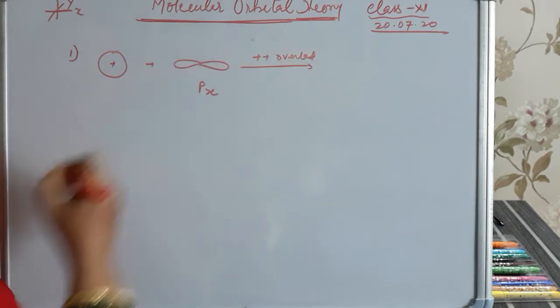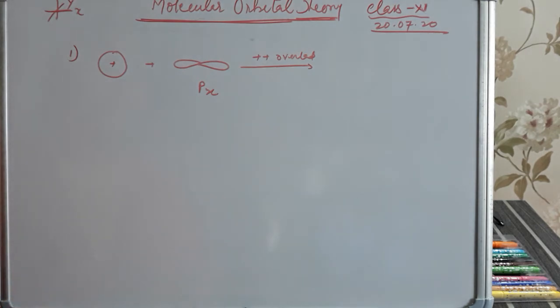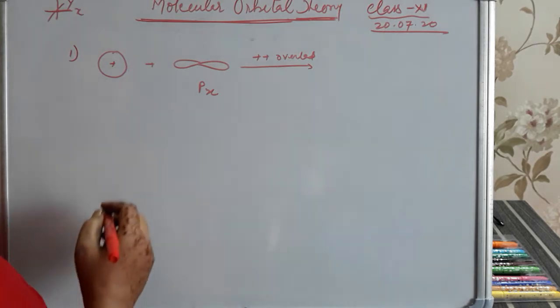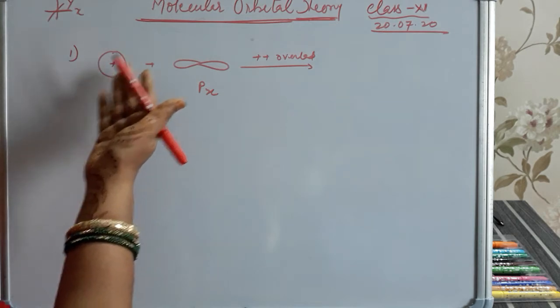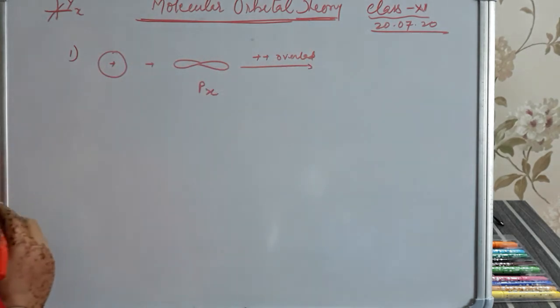We have already discussed how the waves of atomic orbitals are combined, the linear combination of atomic orbitals, and this will form two types. When plus plus overlapping takes place, that means addition overlap, and the other way of overlapping is subtraction overlap, in which plus minus overlap takes place. So in this way two molecular orbitals are formed from the two atomic orbitals.